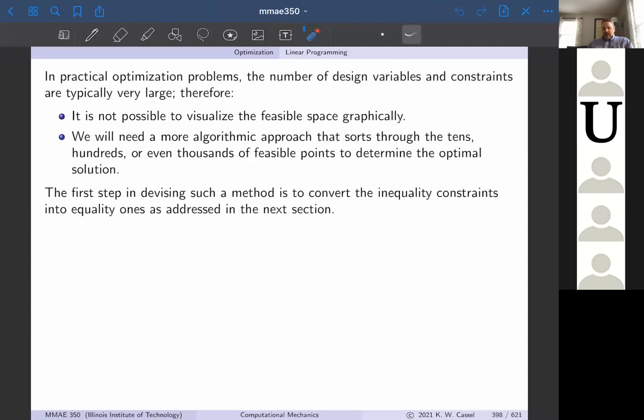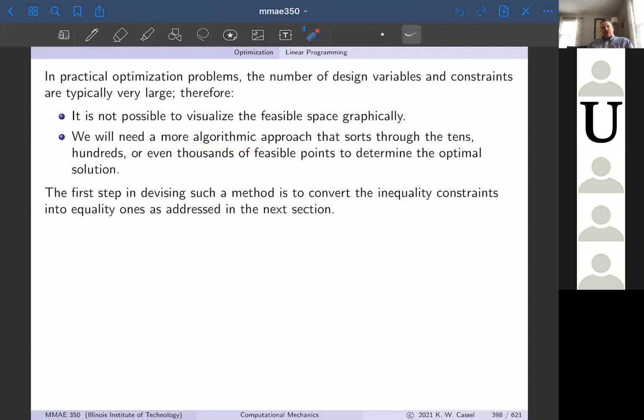So obviously we're not going to be able to, as we did for the train car example, draw a graphical feasible space. So we're going to have to use our imaginations in order to develop some sort of analogous picture for these bigger problems. And we're also going to need a more algorithmic approach to finding the optimal solution.